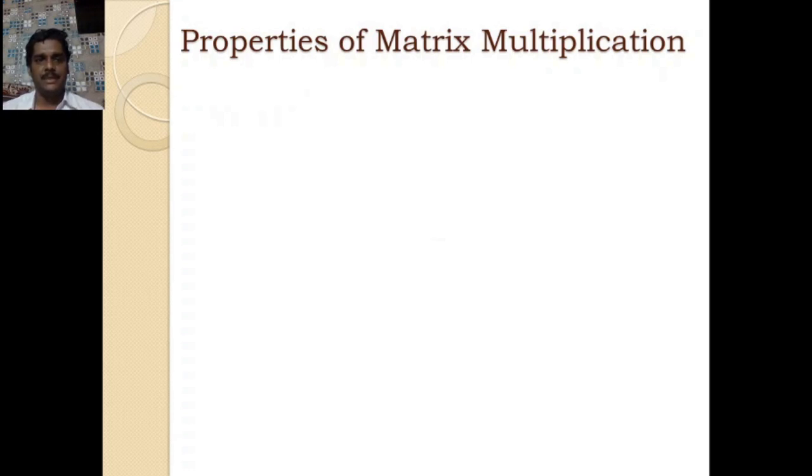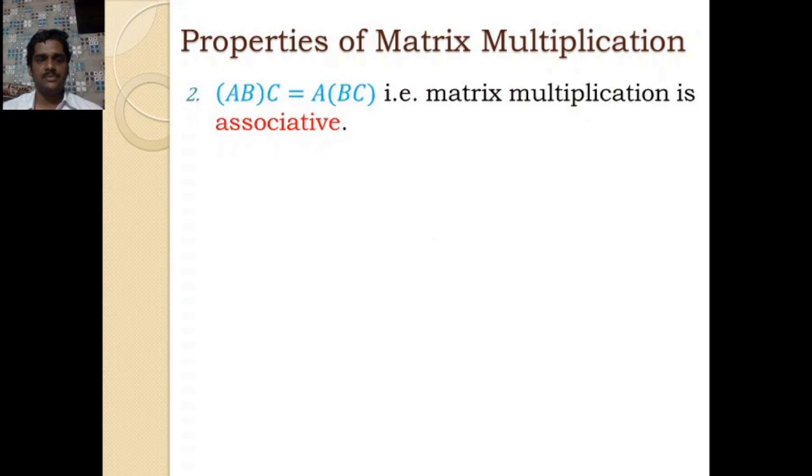Let's see the second property. This is the associative law of matrix multiplication.